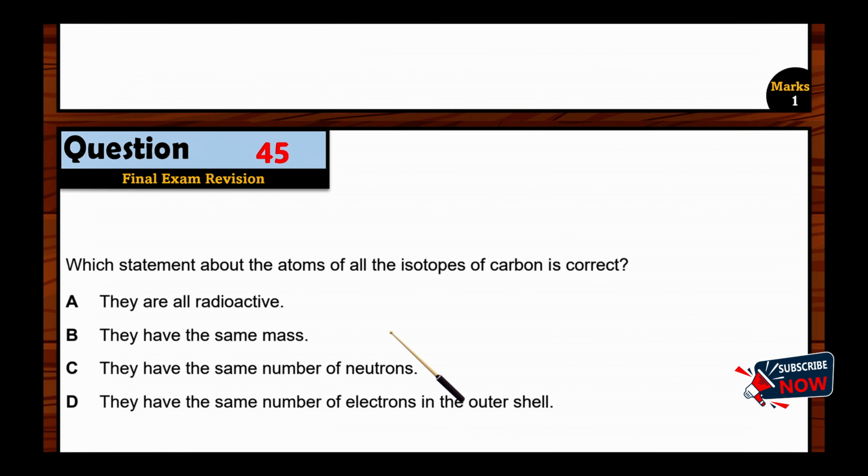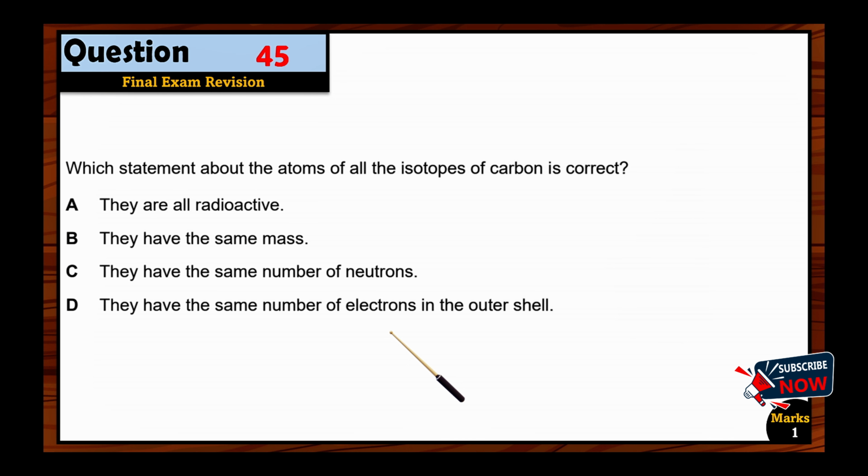Question 45. Which statement about the atoms of all the isotopes of carbon is correct? They all are radioactive. That's wrong because the simple carbon-12 is not radioactive. They all have the same mass. No, because isotopes of the same element don't have the same mass, but they have the same atomic number. They have the same number of neutrons.